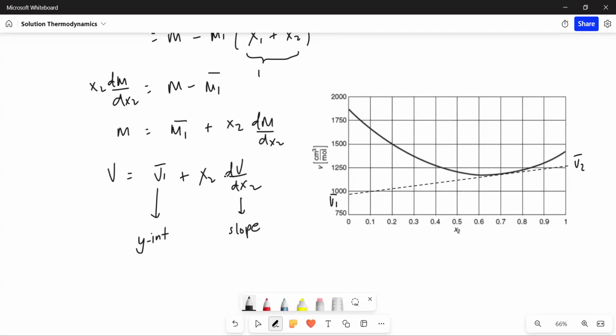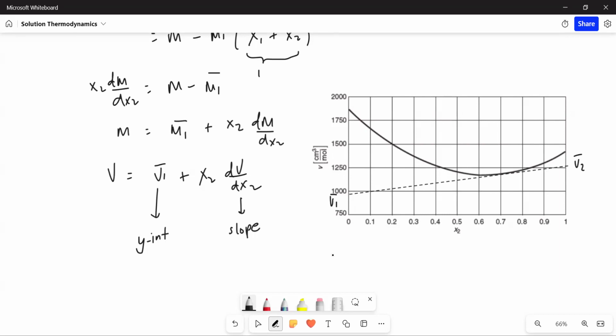The line is represented by this equation, the y-intercept on one side is the partial molar volume of species 1, and the other side gives the partial molar volume of species 2.